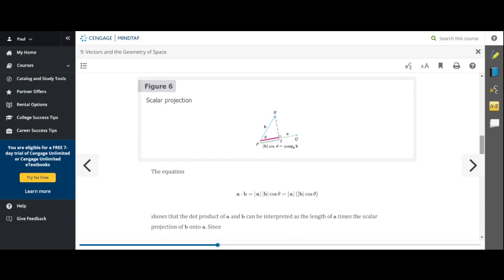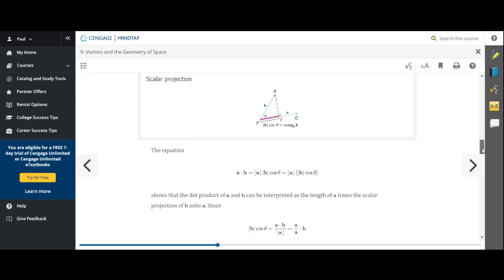Of course, the projection vector is going to be this component. Well, I have to be a little bit careful here, we're not quite done yet.